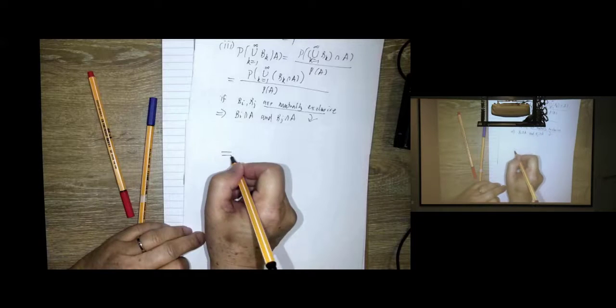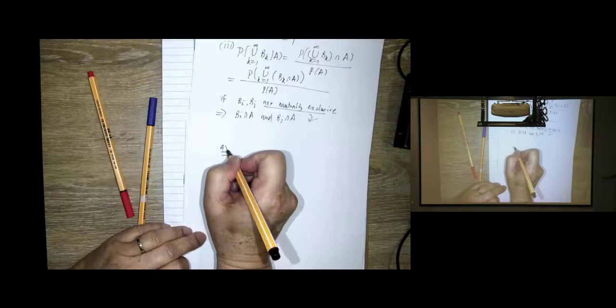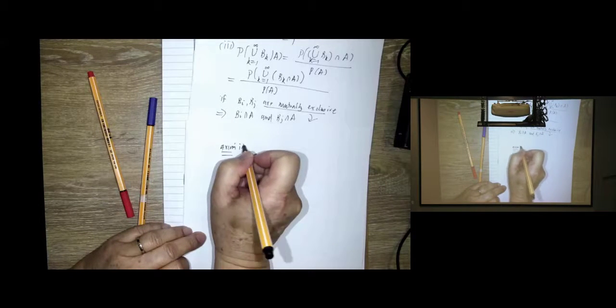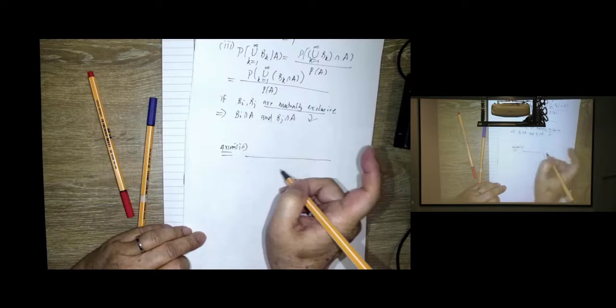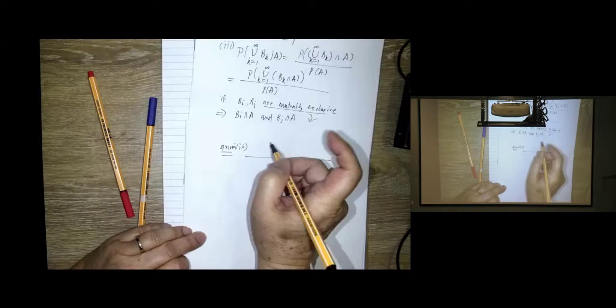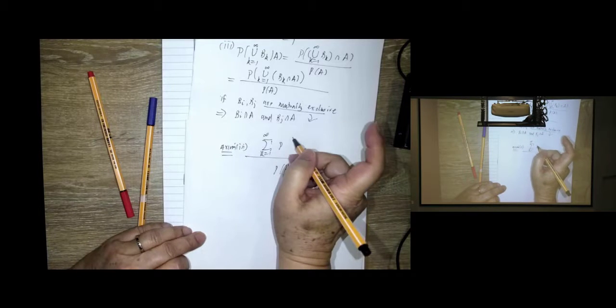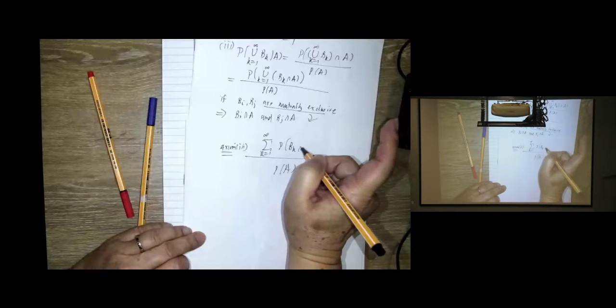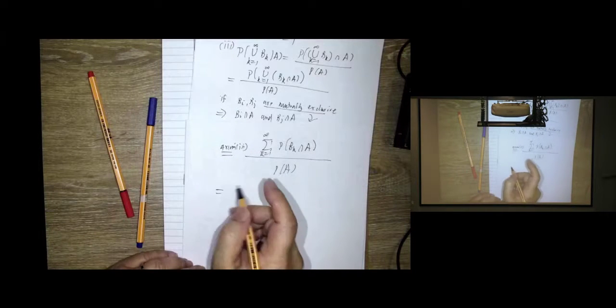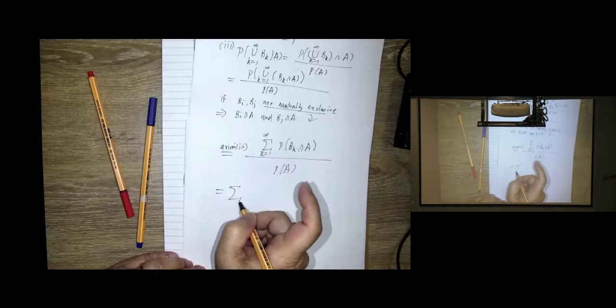So this is by our axiom number 3, the original one. So I still have this. So I will have this. All right? And now I divide the things inside term by term.